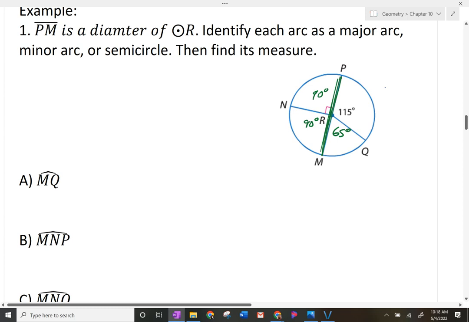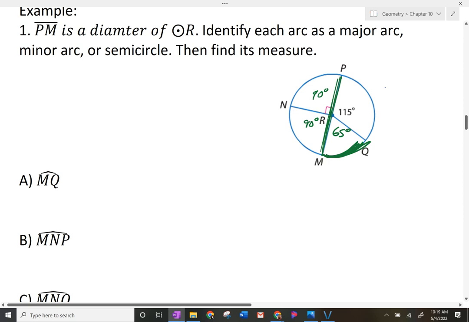Okay? So it wants us to identify it as a major arc, a minor arc, or a semicircle, then find the measure. We found the angles first, so we can do them quickly. MQ. First off, MQ, is that a major arc or a minor arc? This part here. Unless it goes over half of the circle, it's not a major.